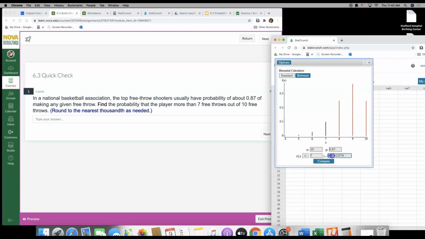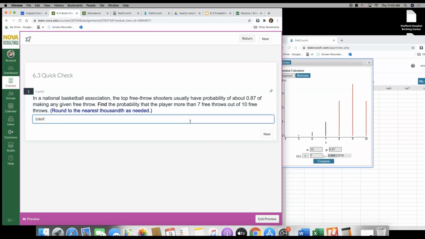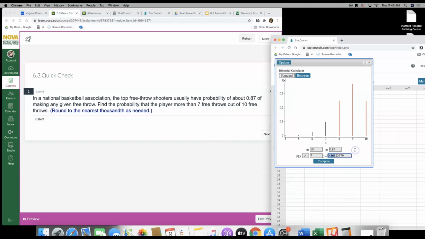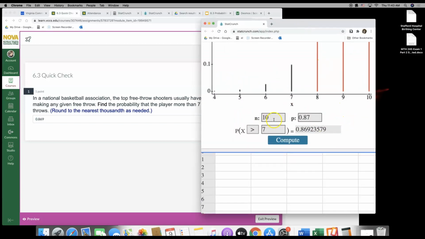The probability is 0.8692, and they wanted you to round to the nearest thousandth. So you want to copy up to 3 decimal places, so that will be 0.869. Okay, let me zoom into what I typed in StatCrunch for you. Makes sense that N is 10, P is 0.87. But make sure you're changing this symbol to greater than 7.